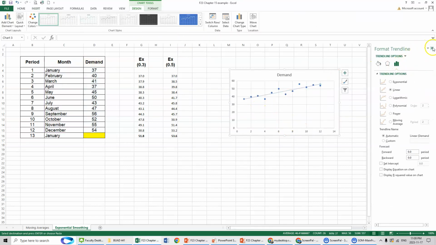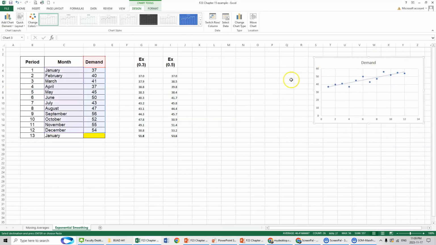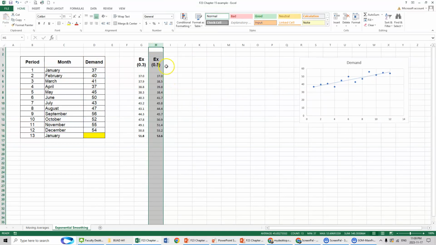It's upward sloping, so there is some trend here, which is good for an exponential smoothing concept. And we have two situations here where we're taking 30% of the most recent and 70% of the previous result. So let's do the same thing. Let's get rid of that space there.